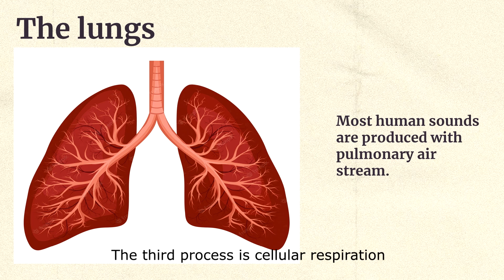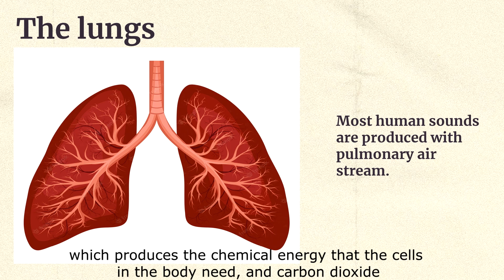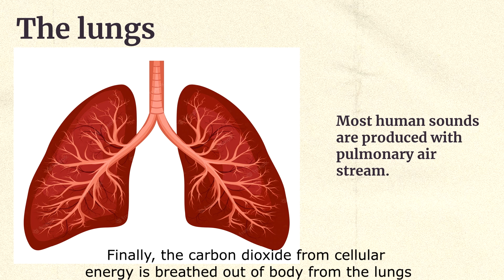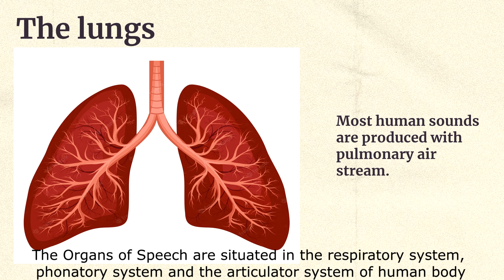The third process is cellular respiration, which produces the chemical energy that the cells in the body need, and carbon dioxide. Finally, the carbon dioxide from cellular energy is breathed out of the body from the lungs. The organs of speech are situated in the respiratory system, phonatory system, and articulatory system of the human body.